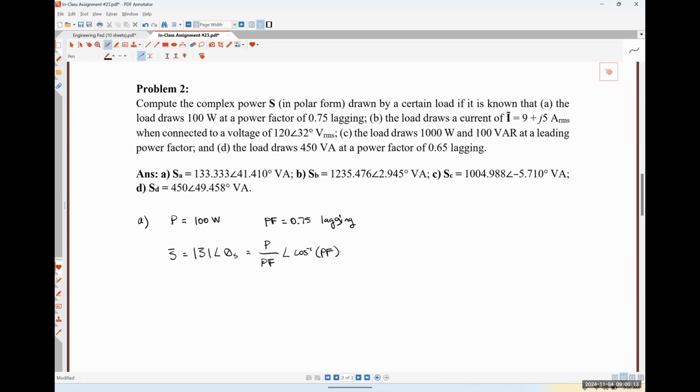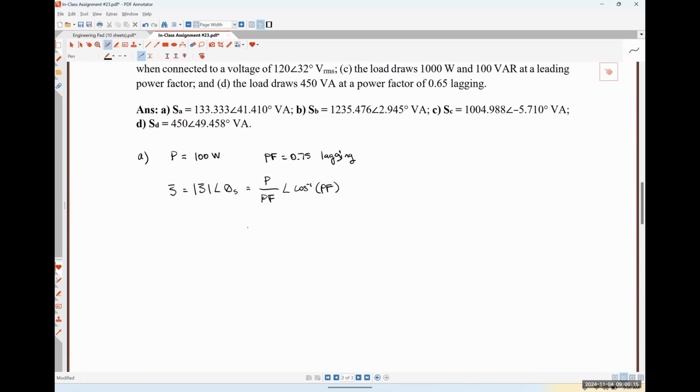All of that comes from just manipulating that power factor relationship. So we would have 100 over 0.75 with an angle of inverse cosine of 0.75.